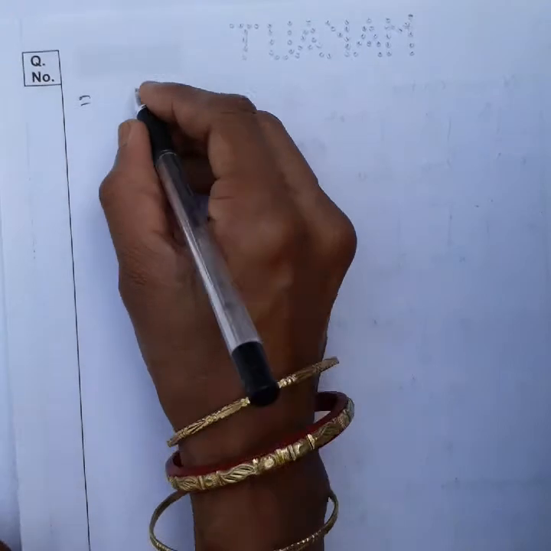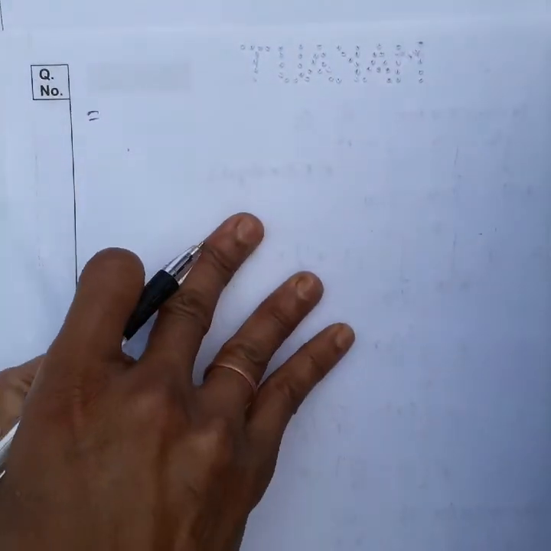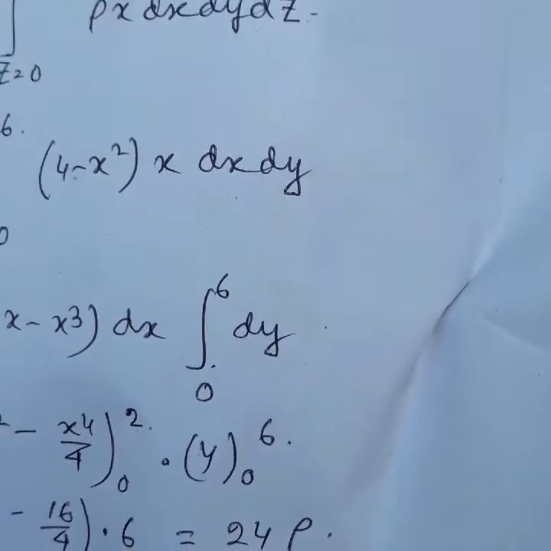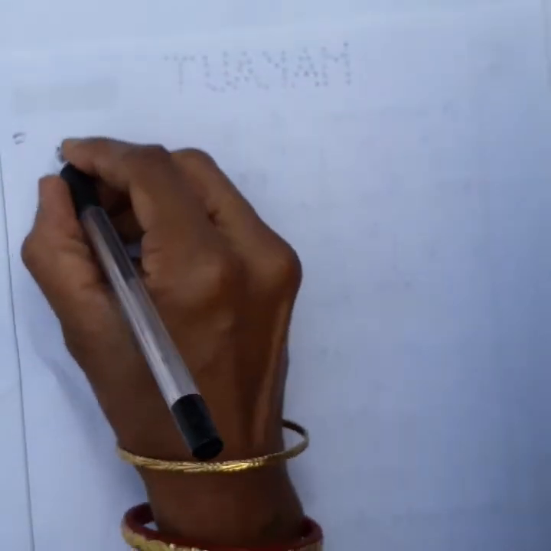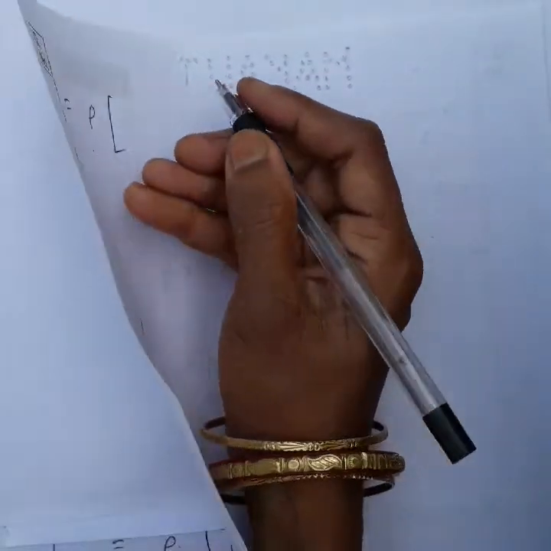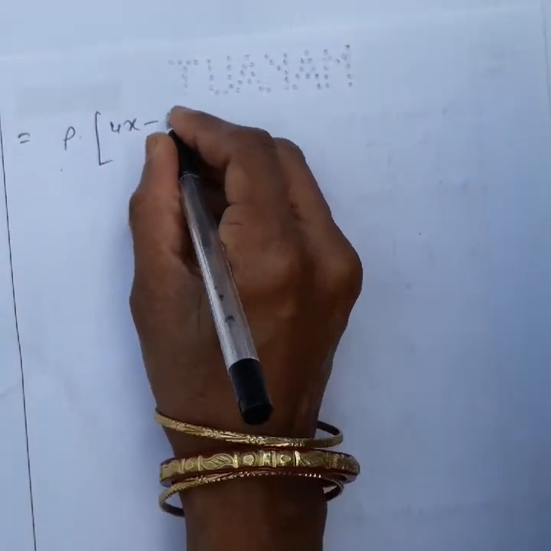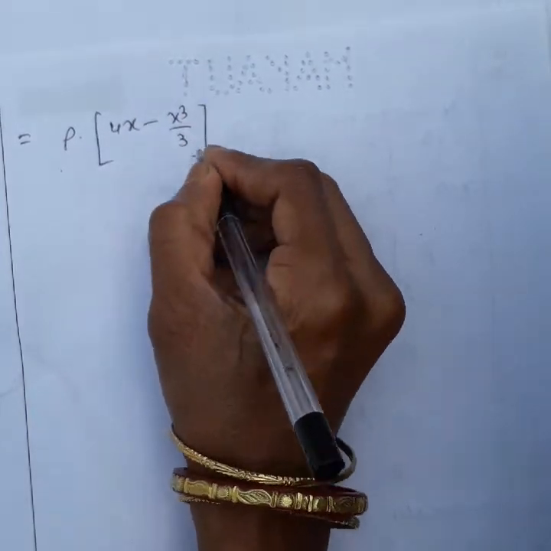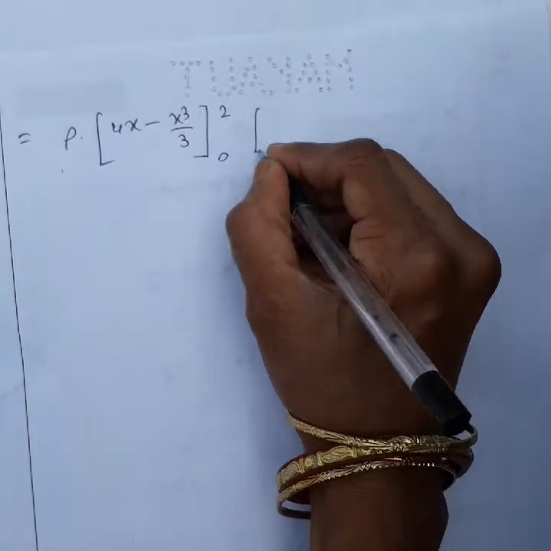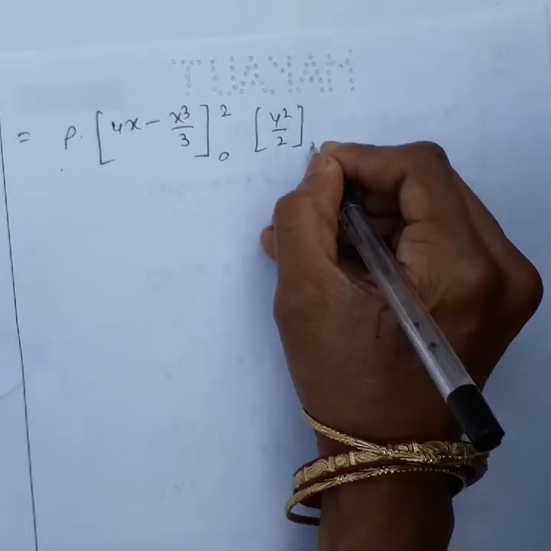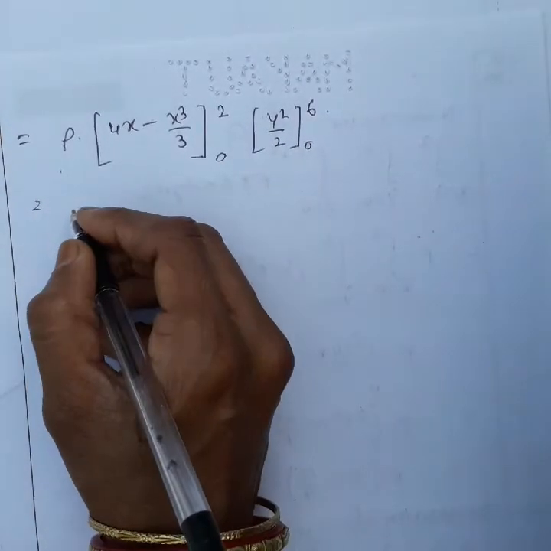Okay, so that is equal to rho into 4x minus x cube by 3 from 0 to 2 and y square by 2 from 0 to 6.